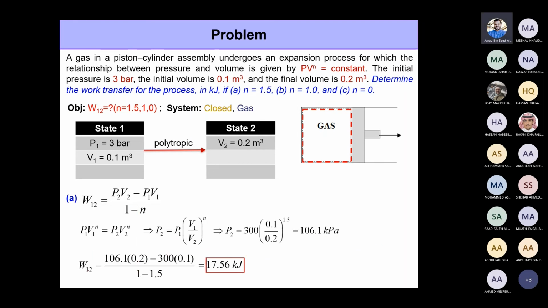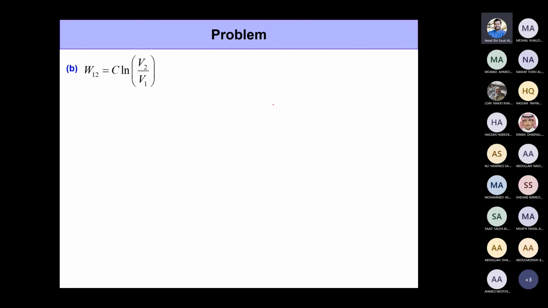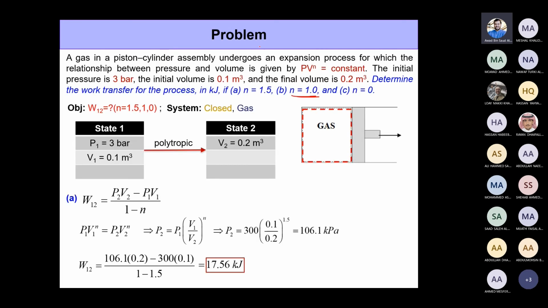So now, again, we have to determine the work output, but for n equal to 1. We know that for n equal to 1, the formula is different, and we have to make use of this formula: C ln V2 by V1. I'll just note down the work output that we got so that we can use it as a reference.